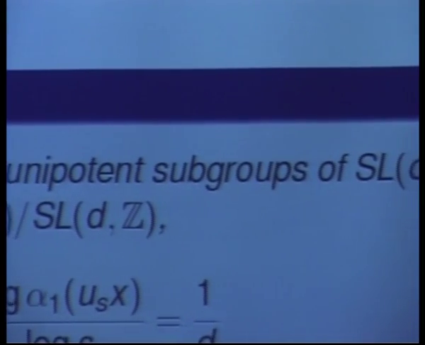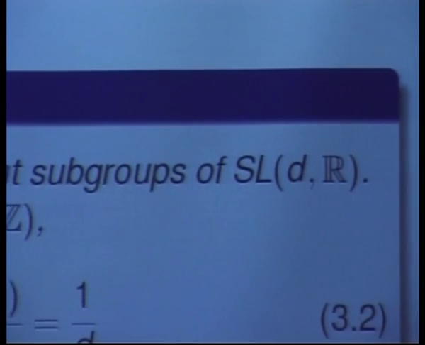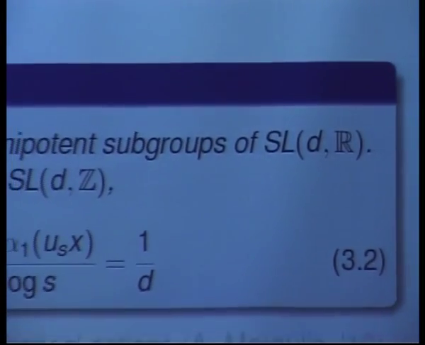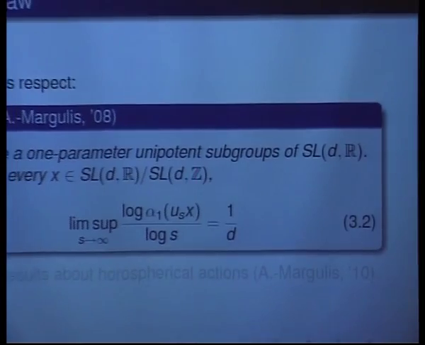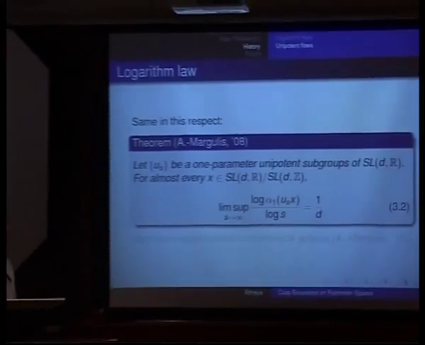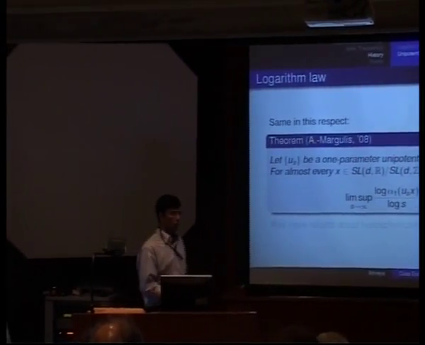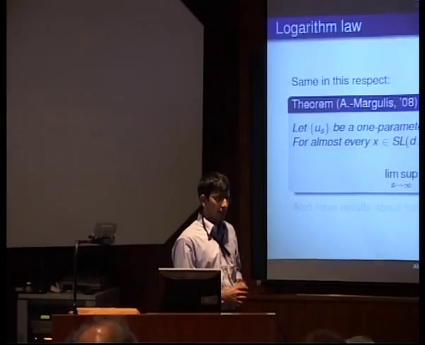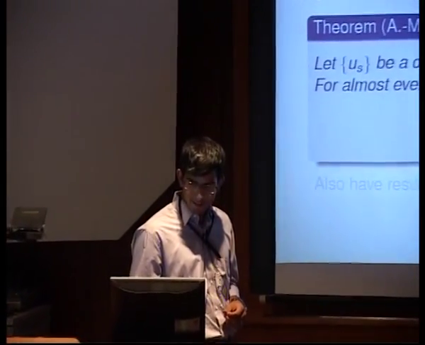This is a theorem that I proved with Professor Margulis in 2008: if you take a unipotent one-parameter subgroup of SL_2(R), then again, for almost every starting point, the lim sup of log α1 of U_s x over log s is the same thing, 1 over D. The key point, let me just go back to the main theorem here, is that the spiritual reason these are the same is that the unipotent flow's excursion to the cusp is not governed by the typical behavior of a geodesic, but by the worst behavior.